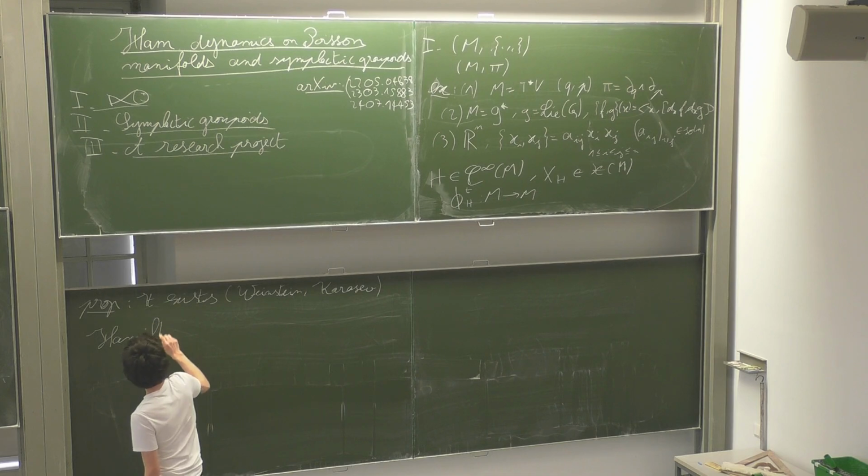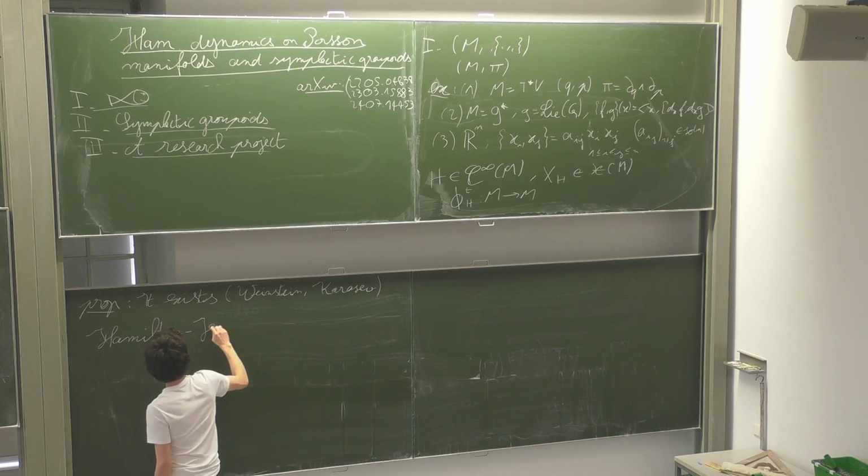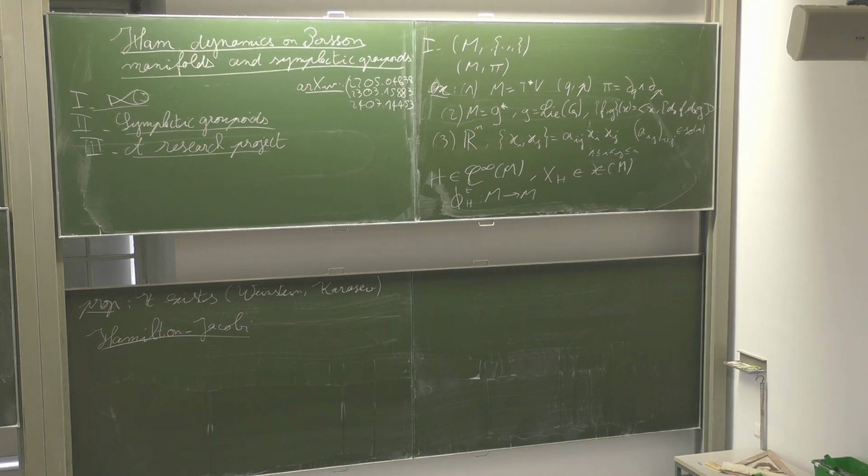And now, let me explain how I related phi th and the local symplectic groupoid.